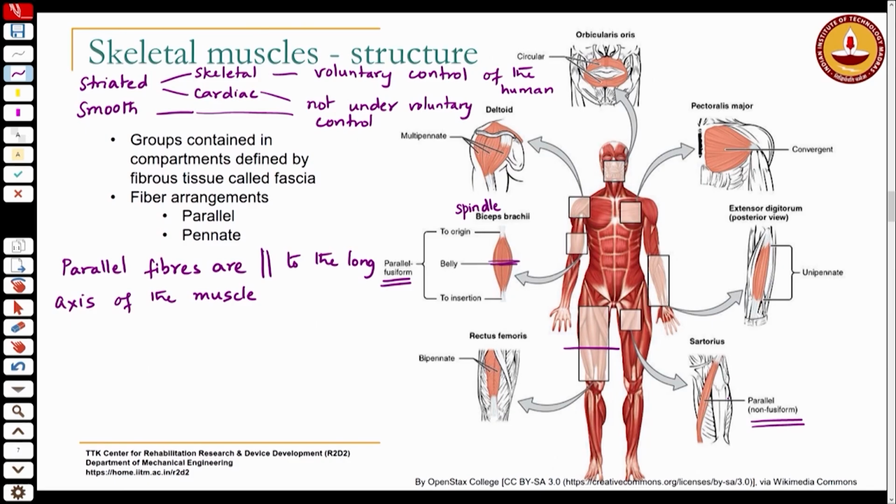Then you also have some muscles known as the flat muscles. For instance, these muscles here, it is not marked in this figure, but you have essentially muscles that, if this is how they are attached, the fibers go like that.